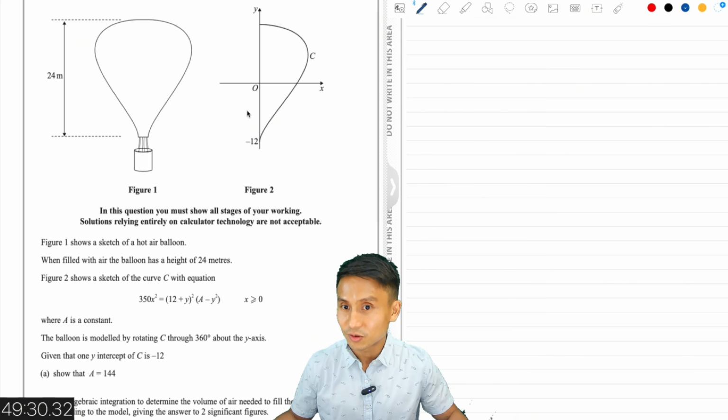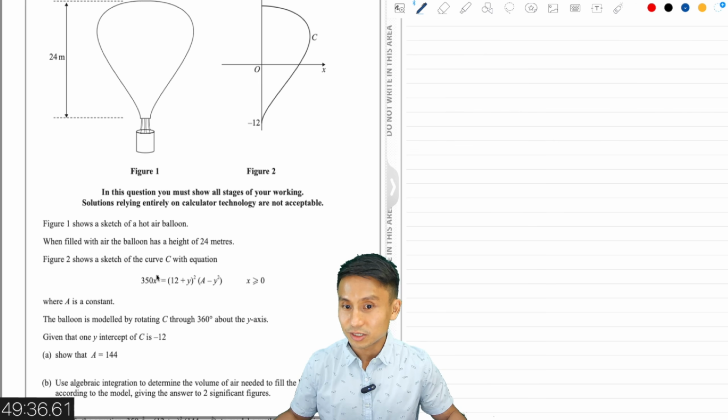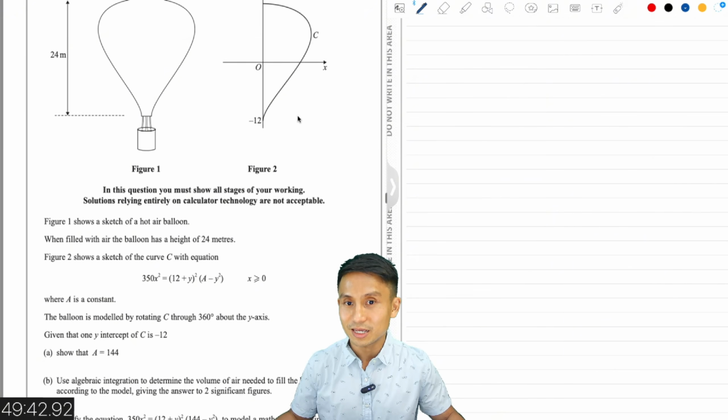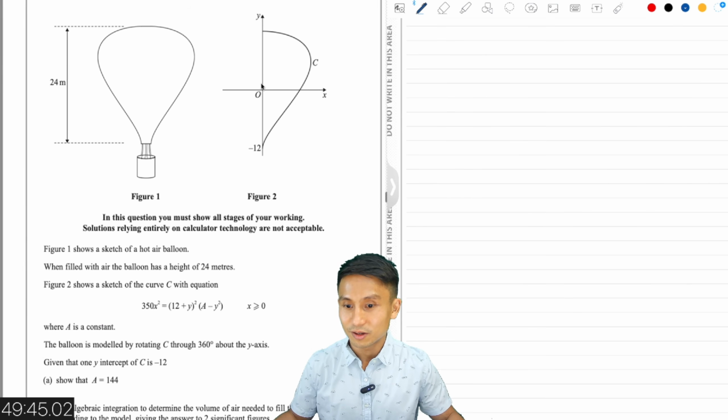Okay. This is a Cartesian equation where A is a constant. The balloon is modeled by rotating C, which is this curve, through 360 degrees about the y-axis.